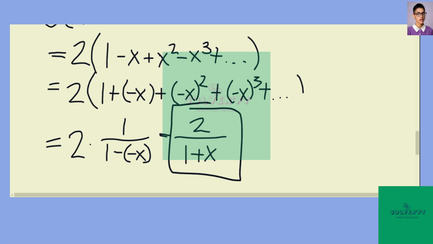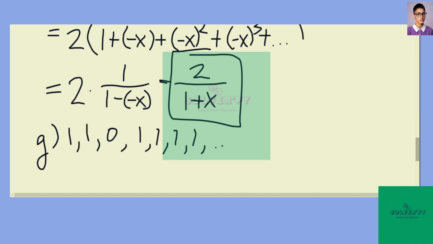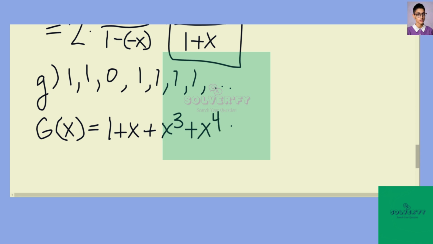In part G, we're given the sequence 1, 1, 0, 1, 1, 1, 1, 1, 1, and so on. So recognize that the generating function for this sequence, g of x, is equal to 1 plus x plus x cubed plus x to the fourth, and so on.